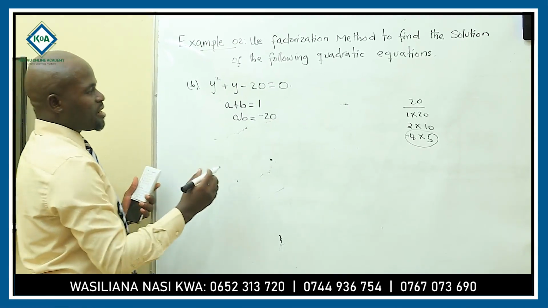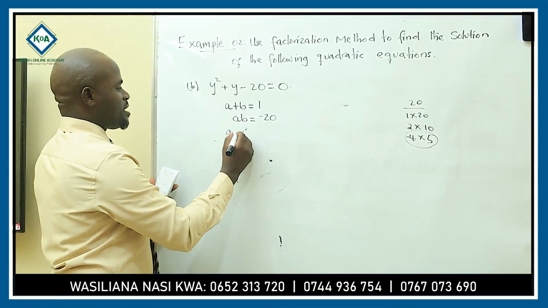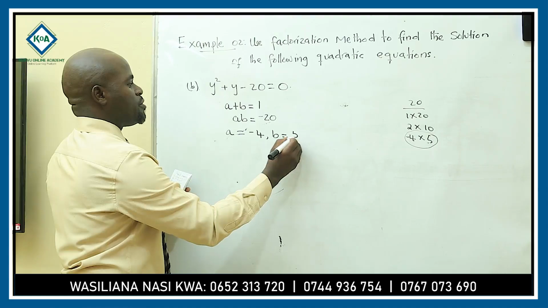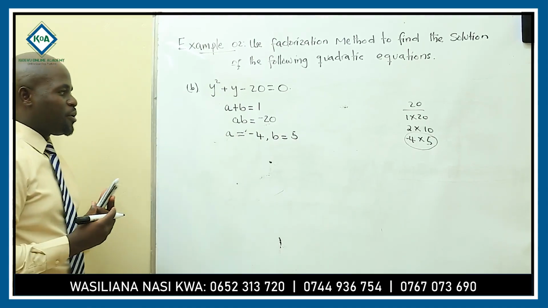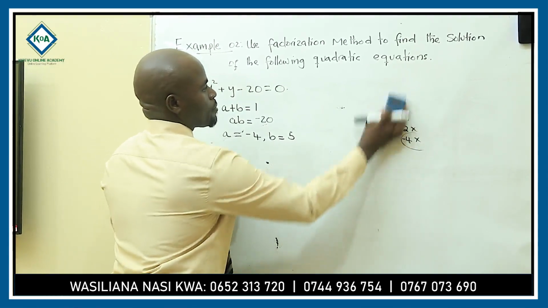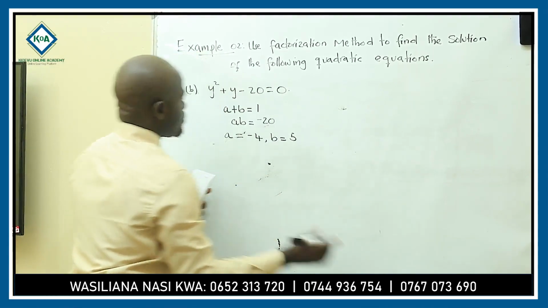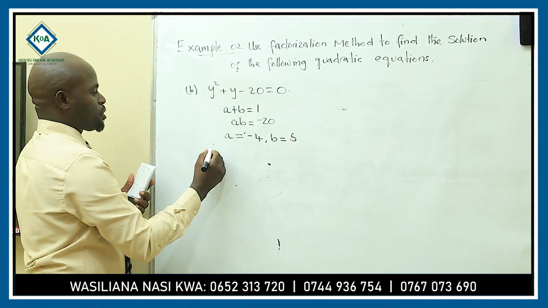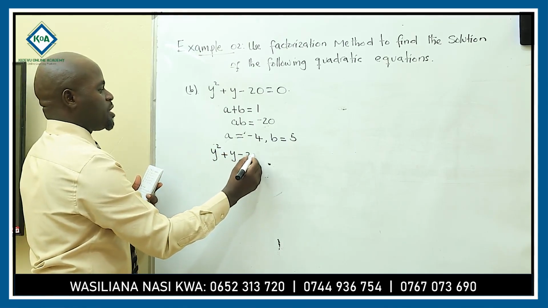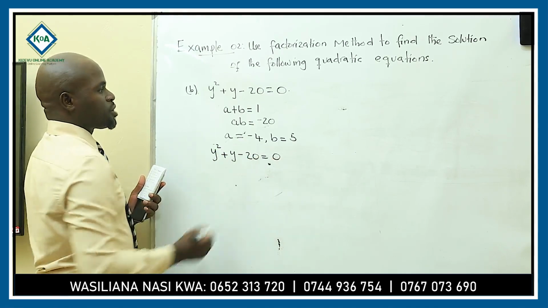So our numbers are: a is equal to negative 4, and b is equal to 5. Then our equation is y squared plus y minus 20 is equal to 0.